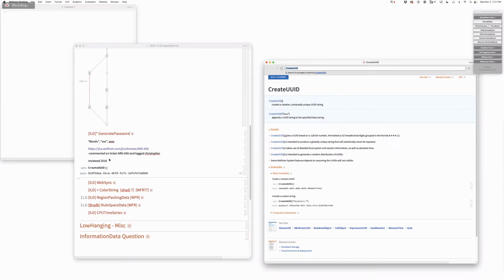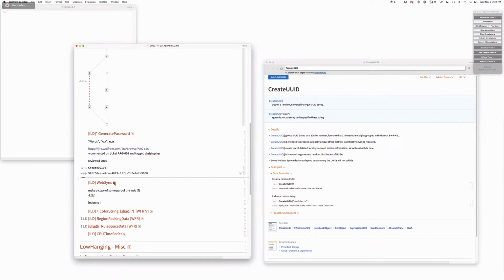Okay. Web sync. This is basically wget, I think. I don't know if we have WFRs for this, and I have a feeling it's kind of a messy business. In other words, what would we do?